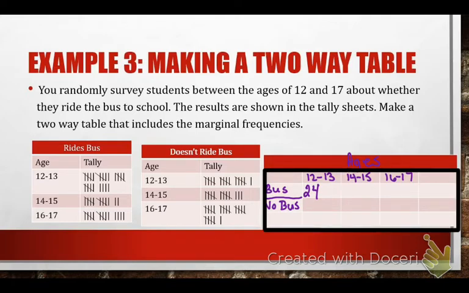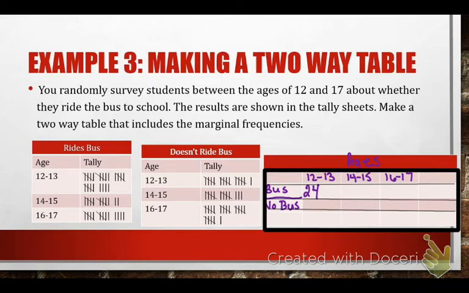All right, so let's see. And then we've got these rows: bus, no bus, and then your 12 to 13-year-olds, 14 to 15, and 16 to 17. I'll give y'all a minute to set it up. Okay, how many 12 to 13-year-olds did not ride the bus? 16.